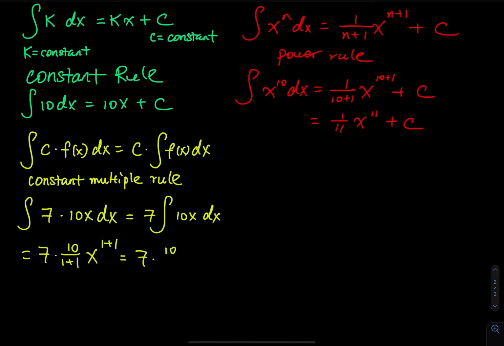I would just put 10 divided by 2 x squared plus c, so you can easily check your work. When you take the derivative of this, you bring the 2 down and you get the 10x back, along with the 7. So that is called the constant multiple rule, or you can pull out the 7 and the 10 at the same time, and you will get 1/2 x squared.